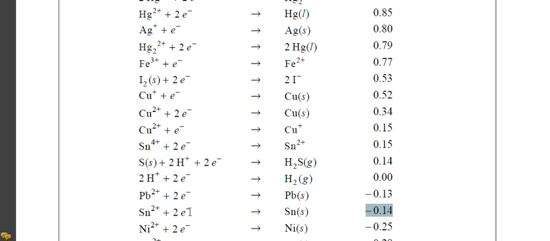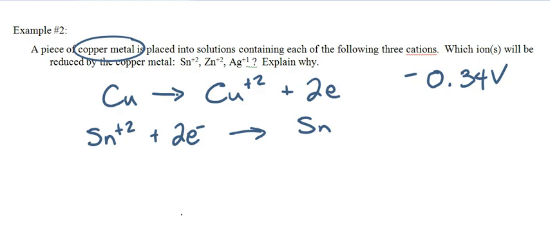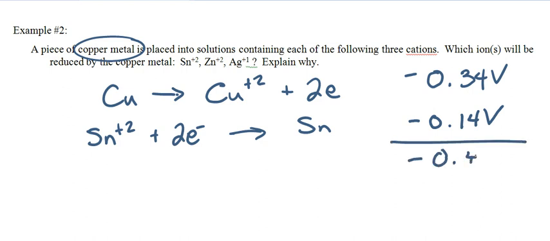So when the tin is reduced, it gives a negative 0.14 voltage. So the tin ions will not be reduced by the copper in this reaction because it will yield a negative value, actually a -0.48. Okay, so the tin +2 will not be reduced when copper metal is placed into the solution.